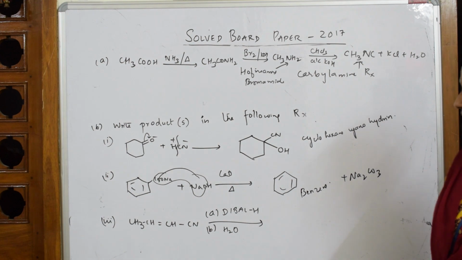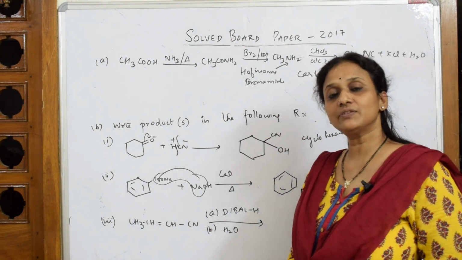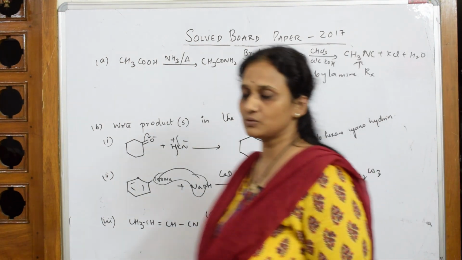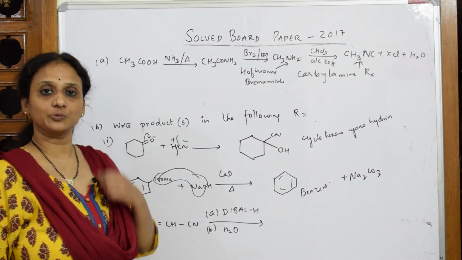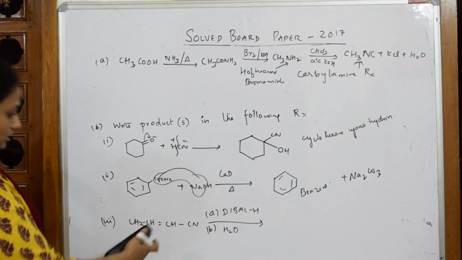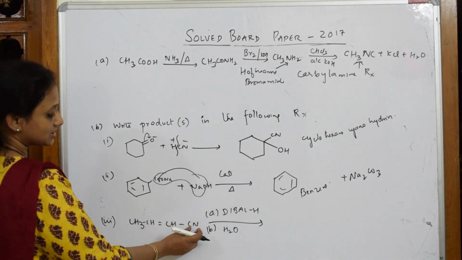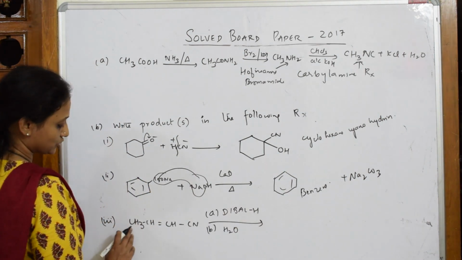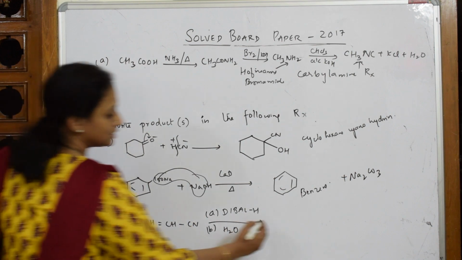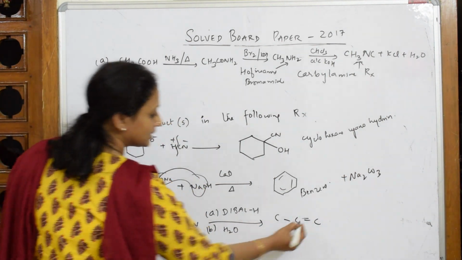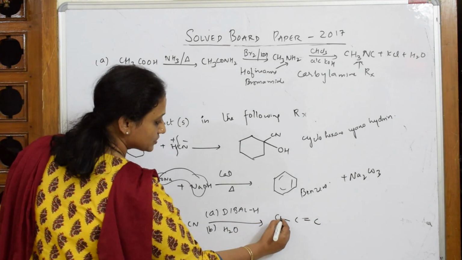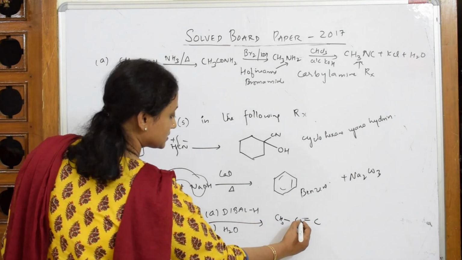Done. And again the same DIBAL. Whenever you see DIBAL, what did I say? The only role of DIBAL is to convert the cyano group to aldehyde group. Yes or no? So you have already got a cyano group. Try to convert this cyano into your aldehyde. Nothing to do. Copy the same. 1, 2, 3. You still have a double bond. Write the double bond. You have your CH3 and your CH.